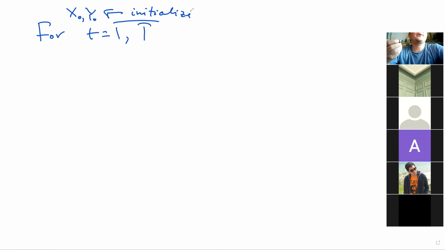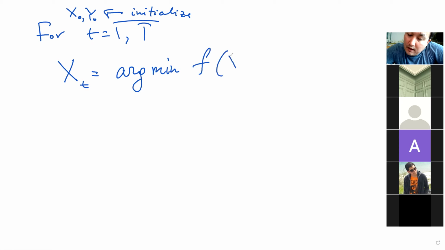At step number t, you define Xt. First you minimize over X: you calculate the minimum of the function f of X, Y t minus 1 over all X's, and the argument at which this minimum is attained is Xt.